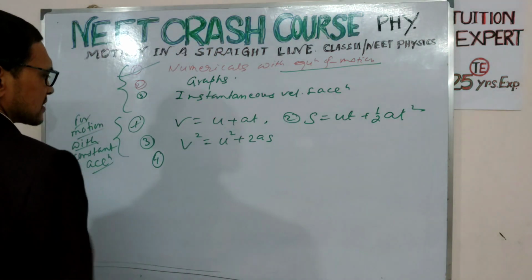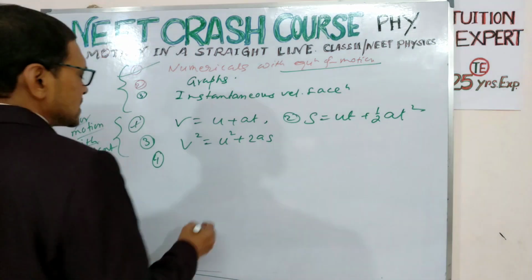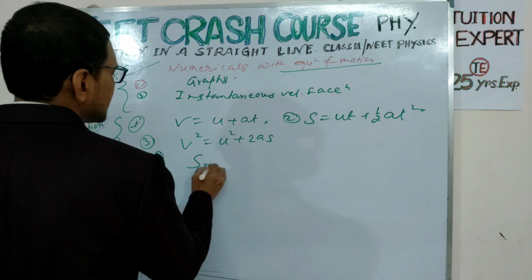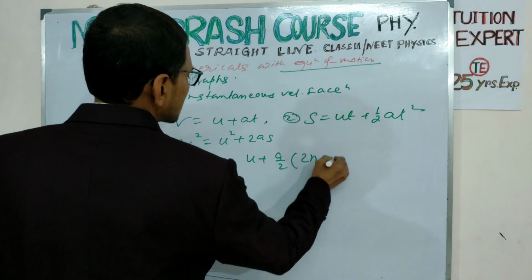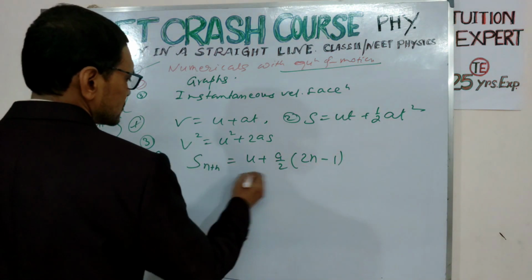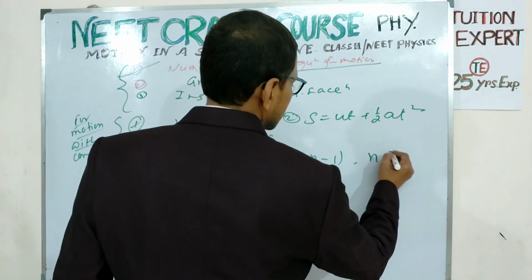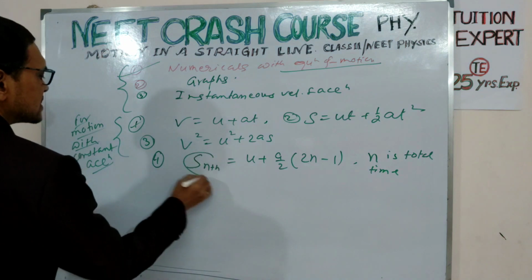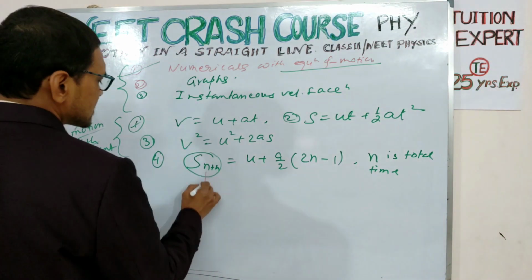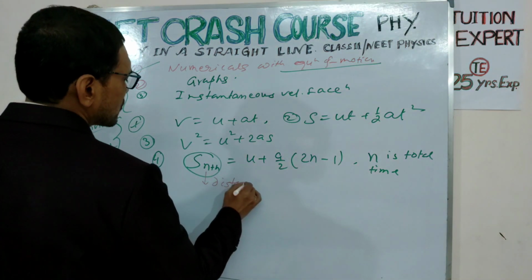And there is another equation: the distance traveled in the nth second equals u plus a by 2 into (2n minus 1). Here n is the total time of travel. What does this mean? This means the distance traveled in the last 1 second.